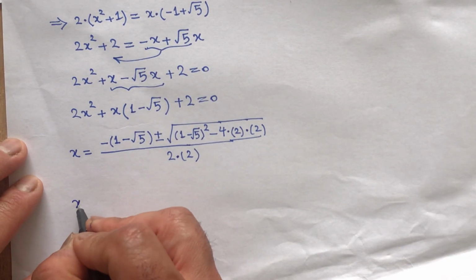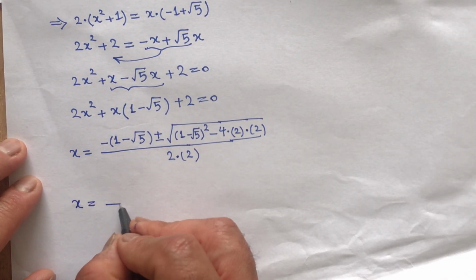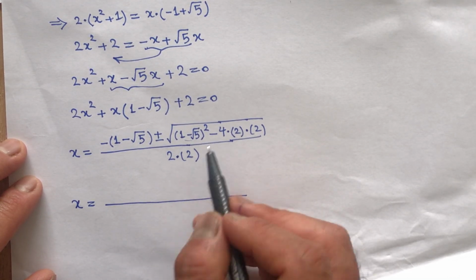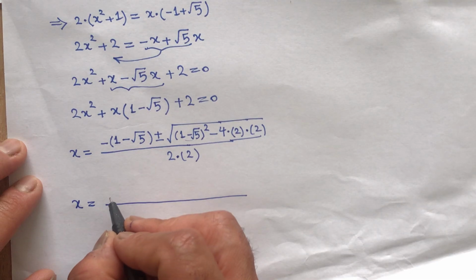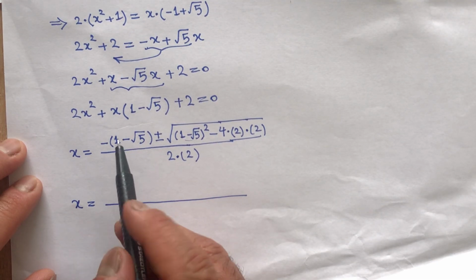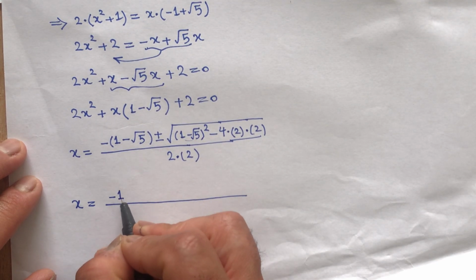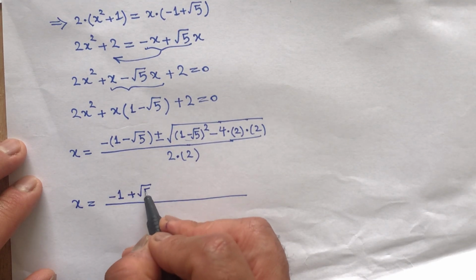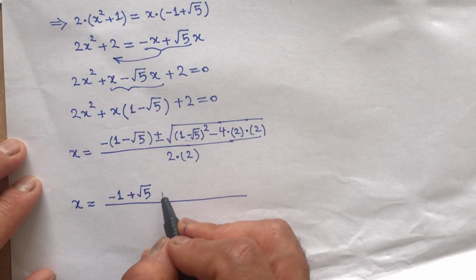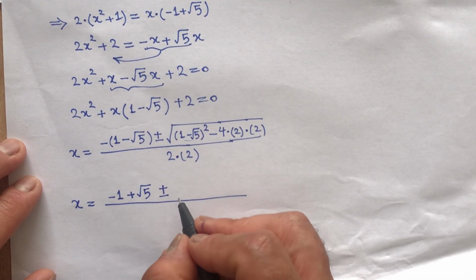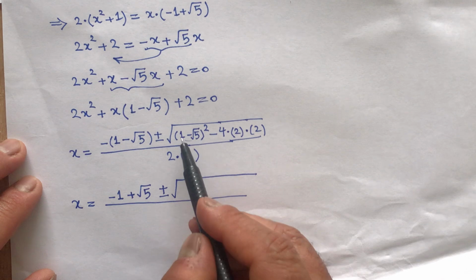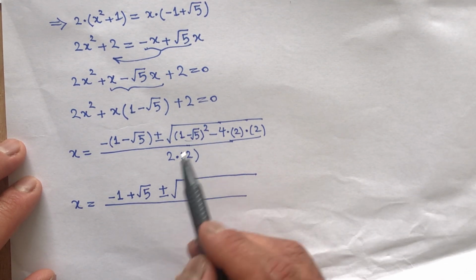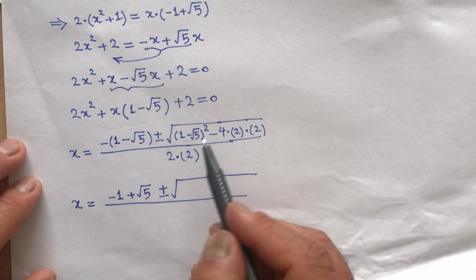So I can calculate this one. It's a bit tricky because this is under the radical, but we can handle it. So this one: minus 1 minus times minus is plus square root of 5 plus minus, and here you have this term raised to the power of 2, so it's a square.